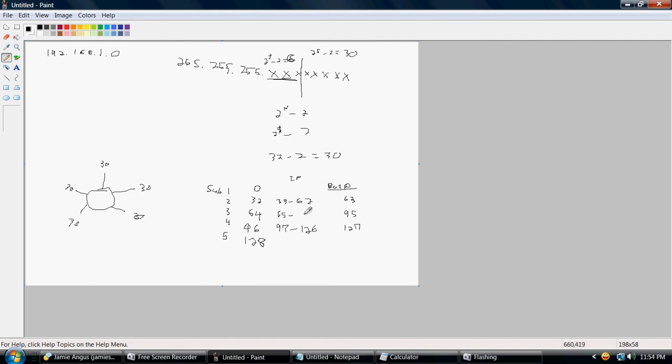This would be 0, and I believe this would be 31 for the broadcast ID. So the range for this would be 1 to 30. Yeah, that looks right.